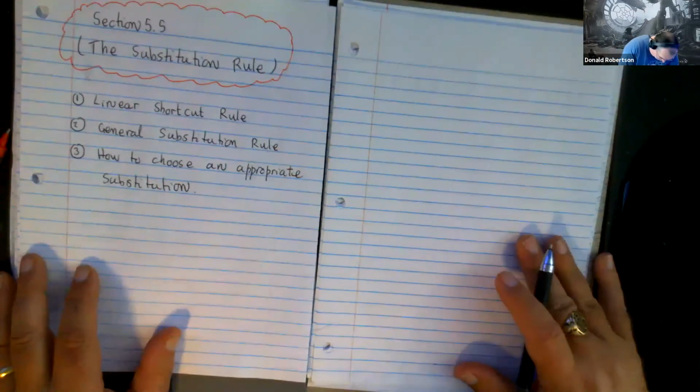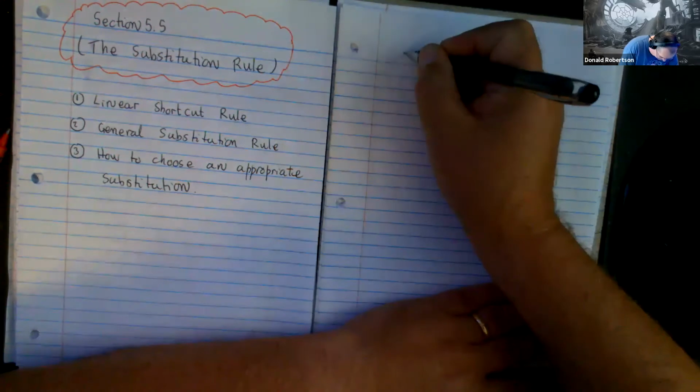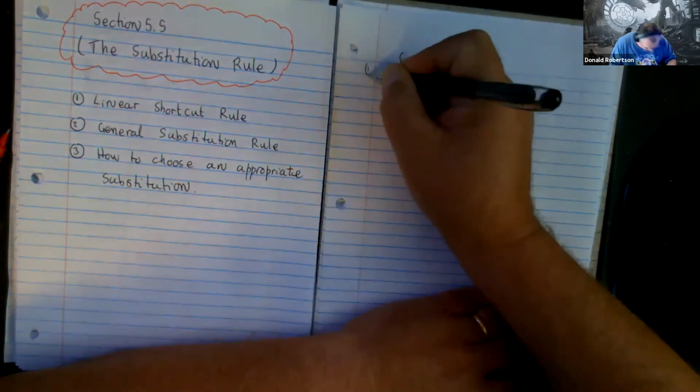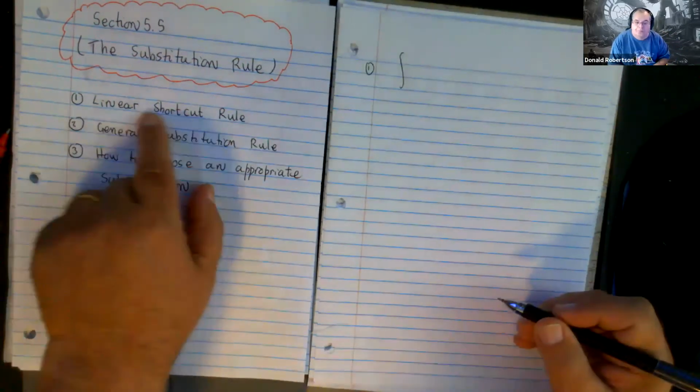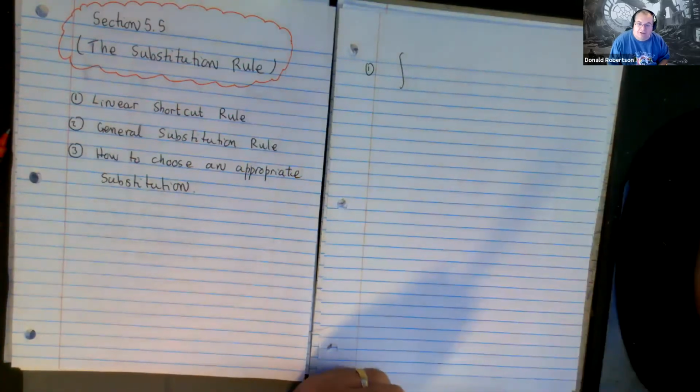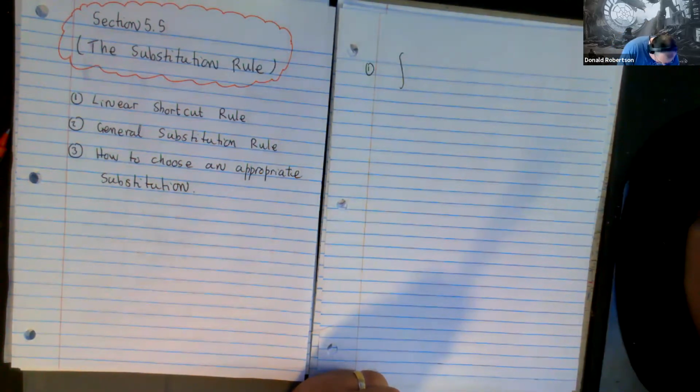So let's show you what the problem is. We're going to start with the first ones, which are the linear shortcut rule. This can actually be done using the substitution rule, but we can kind of shorten that.